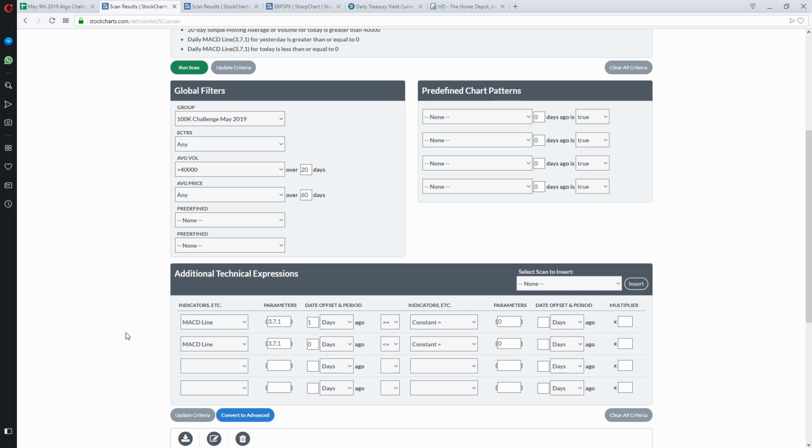Because if you think about what the MACD really is, the MACD is just looking at differences between exponential moving averages, right? So we're just looking for when that difference changes and crosses above zero. If it crosses above zero on the 3-7 MACD, we know we have a 3-day exponential moving average moving above a 7-day exponential moving average.